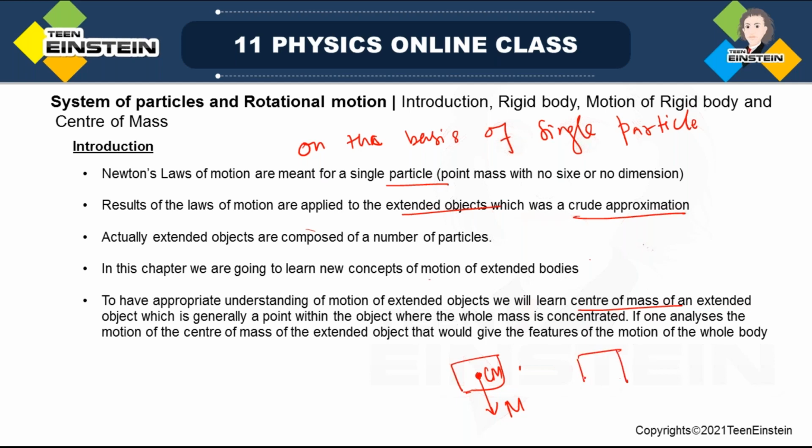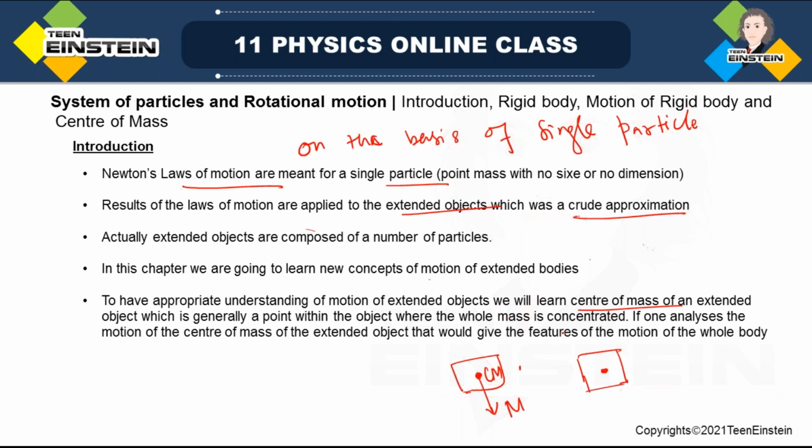Look, if we think of the motion of any object in terms of center of mass, then we can easily apply Newton's laws of motion without any confusion or approximation. I'll repeat it. I hope you have understood, but still I'll repeat it.